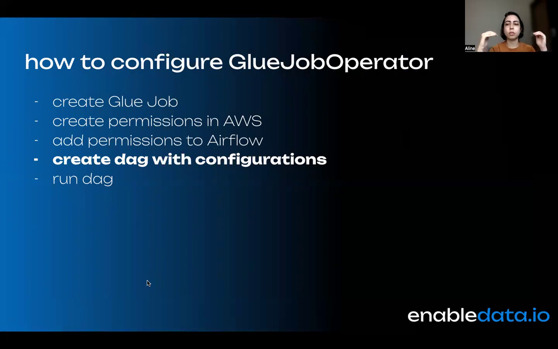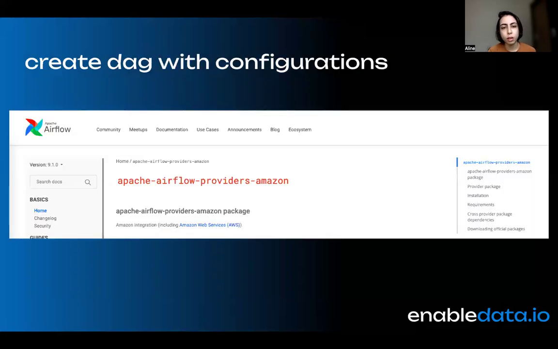So now we have the job, we have the permissions, and Airflow is able to access those permissions. Now we're going to create the DAG with the configurations. So we have here the necessary package that you need in your Airflow so that your Glue job works.